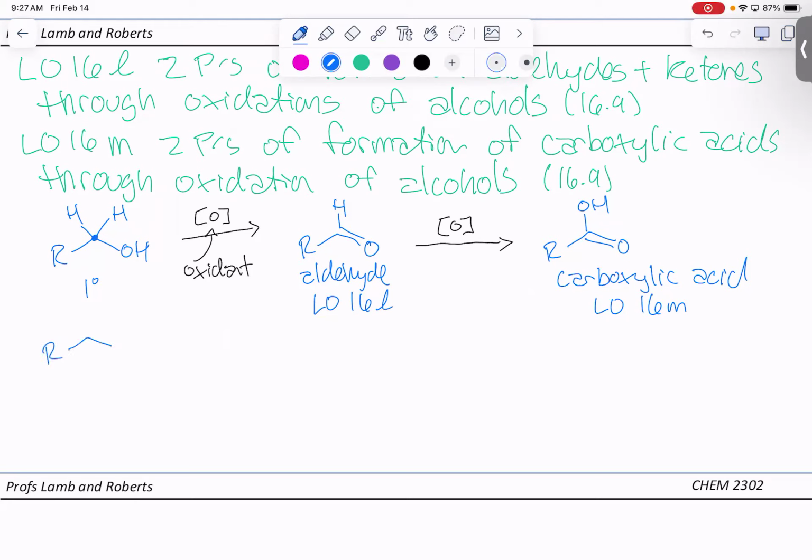If you have a secondary alcohol, we only have one hydrogen. That means we can make a ketone from this reaction.